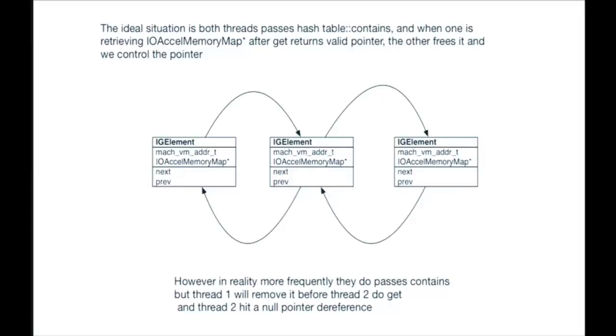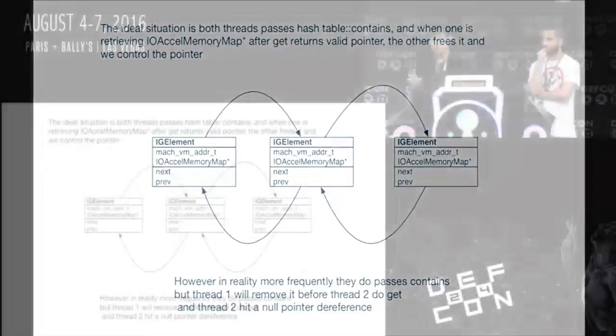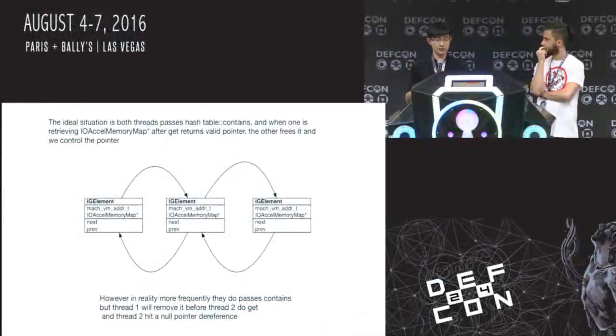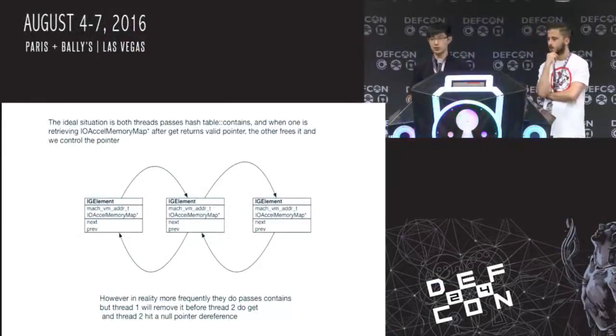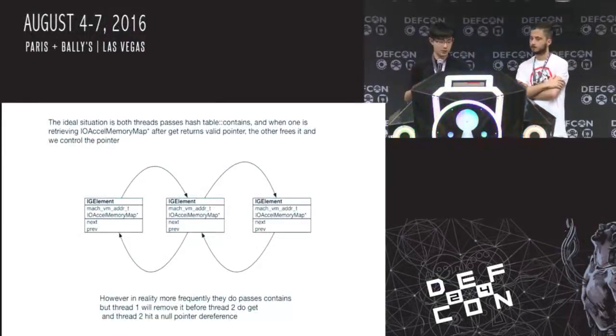But in reality, we did some testing, and we found that the 2 threads do pass the contains call, but thread 1 is faster, maybe 10 meters per second faster than the second thread. And maybe there are some scheduling policy issues with Apple, and thread 1 will remove this element before thread 2 gets access to this element. And thread 2 will unfortunately hit a null pointer dereference.